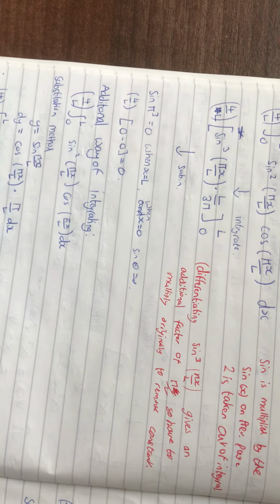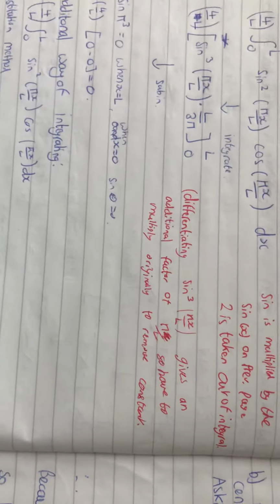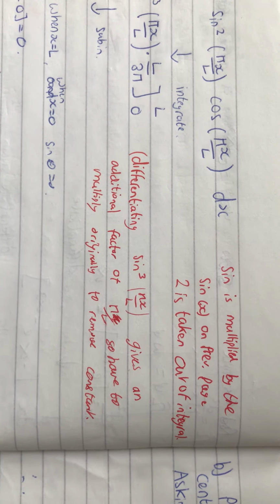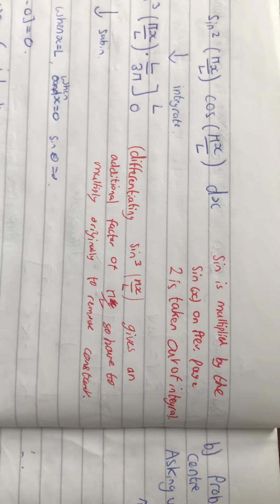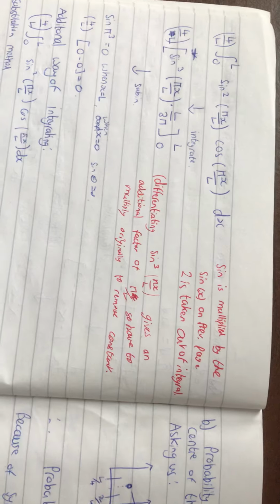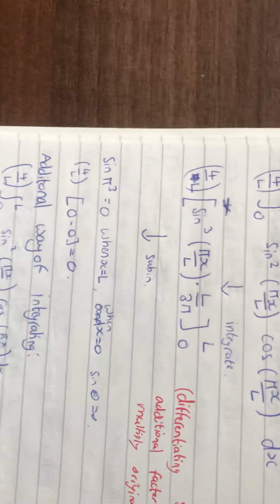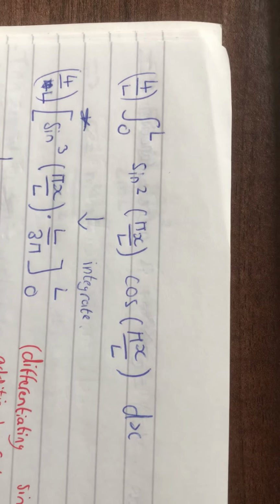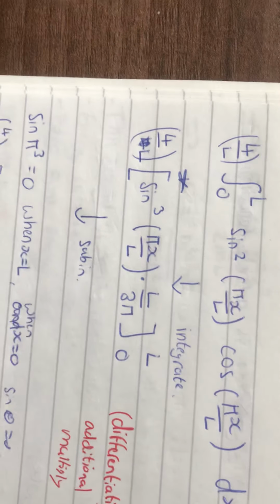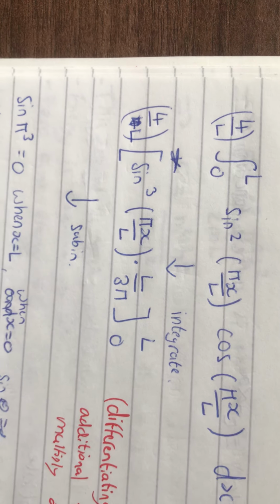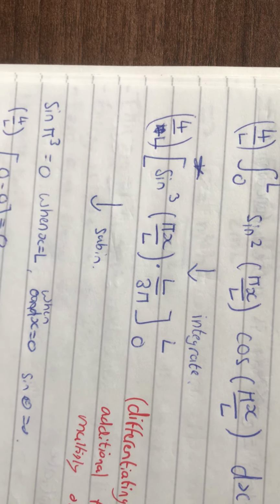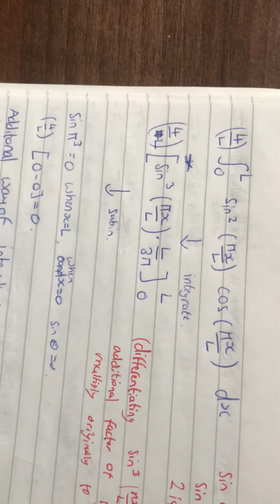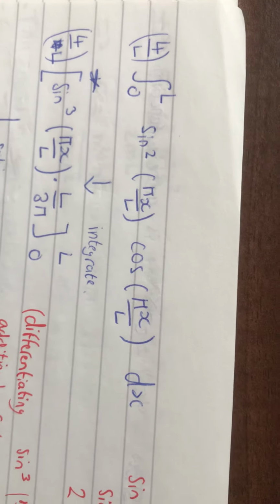If you differentiate sine cubed of pi x over L, this gives an additional factor of pi over L, so we have to multiply originally to remove the constant, which is essentially one way of looking at integrating the above term. So if you differentiate sine cubed pi x over L multiplied by L over 3 pi, you'll get the product at the top.